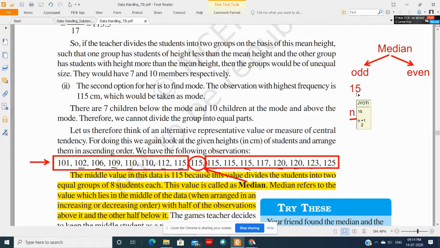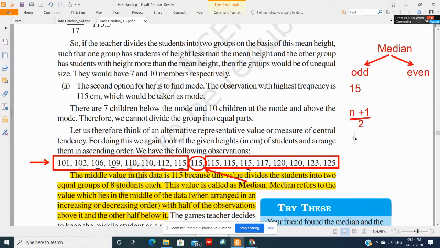So when you have an odd number of observations, whatever number n is, you compute n plus 1 divided by 2. Here, if it is 15, then 15 plus 1 divided by 2, that is 16 divided by 2, that is the 8th number. So that 8th observation would be the median.